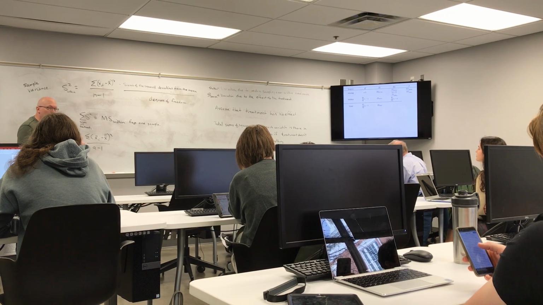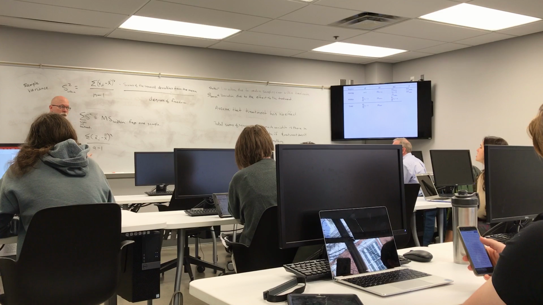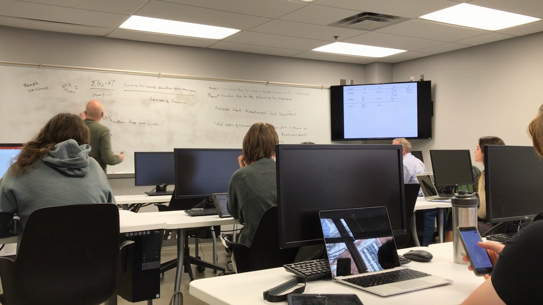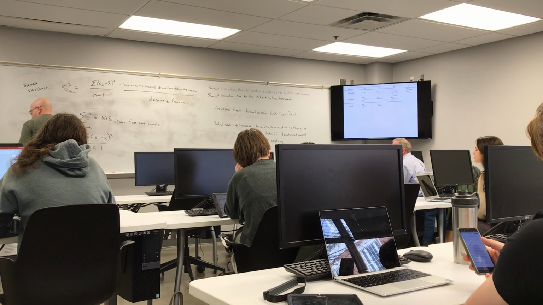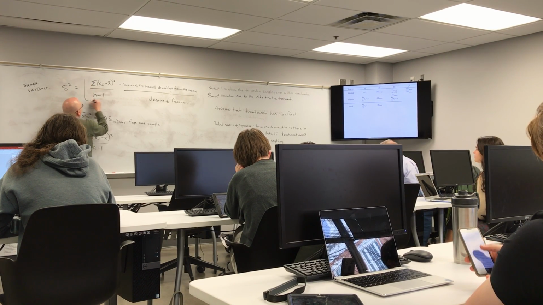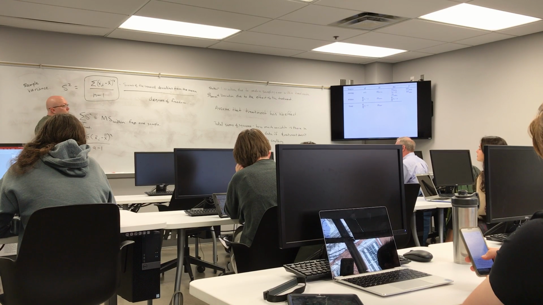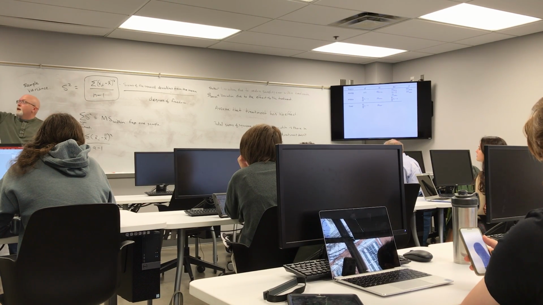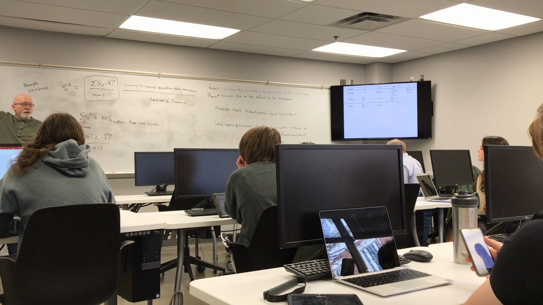It's the sum of the squared deviations from the grand mean divided by the degrees of freedom associated with that. I made the point to you when we talked about variance at the beginning of the semester that this was a crucially important idea for you to know. The reason is because it's the basis of an analysis of variance.